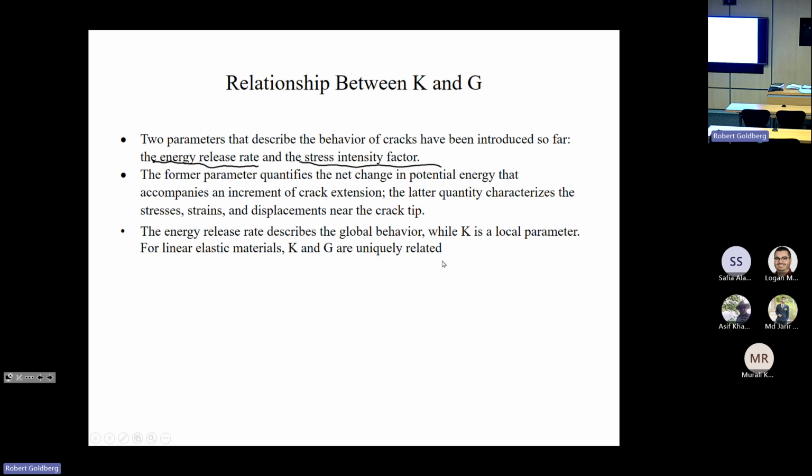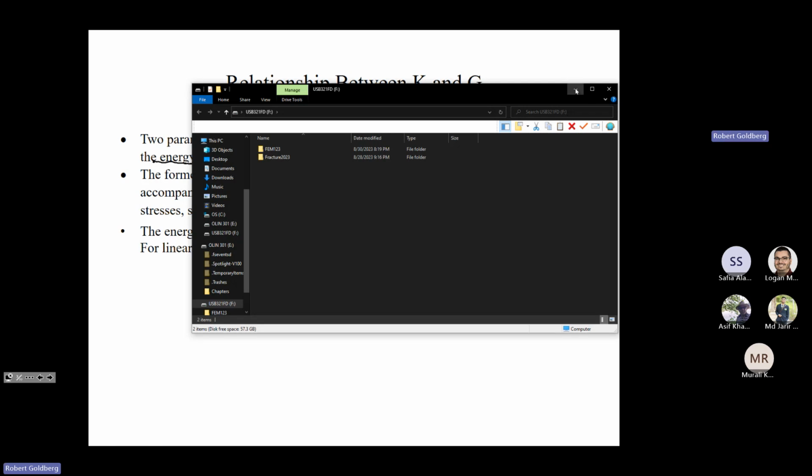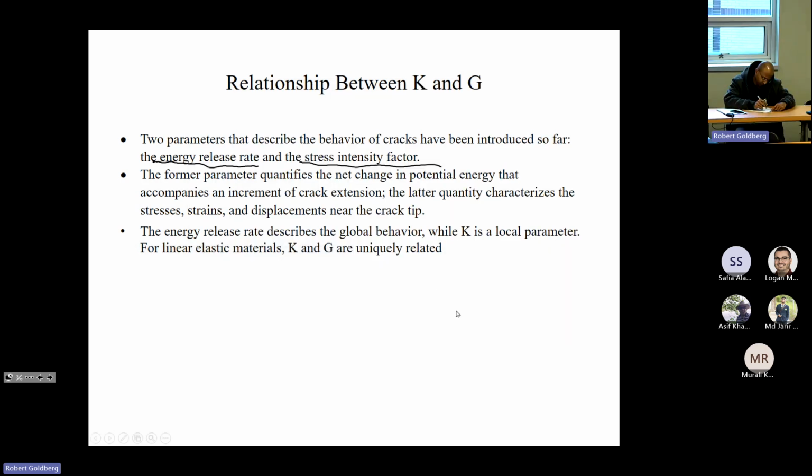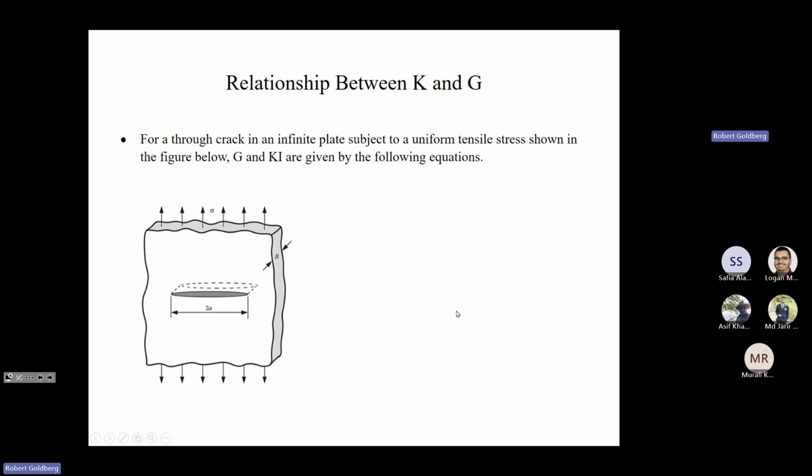And the stress intensity factor characterizes the stresses, strains, and displacements near the crack tip. Now, the energy release rate describes the global behavior, while the stress intensity factor is a local parameter. But for the case of linear elastic materials, K and G are uniquely related.